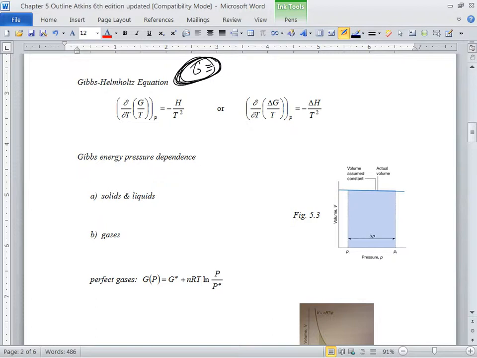But if I think temperature is constant. So I think we said that this was useful when you keep pressure constant.